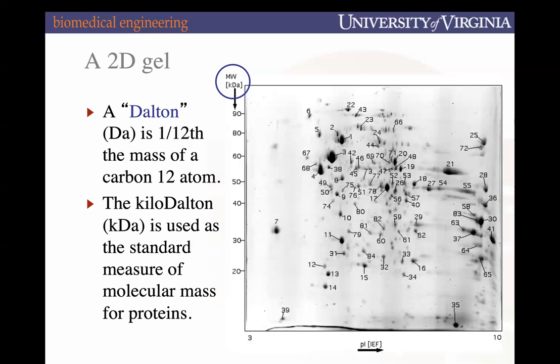This is just an example I pulled of a 2D gel. If you see dots that don't have a number label on them, that's still a protein, just an unlabeled protein. And again, we don't know the identities yet of those proteins when we run either a native gel with a Coomassie blue stain or a 2D gel like this.